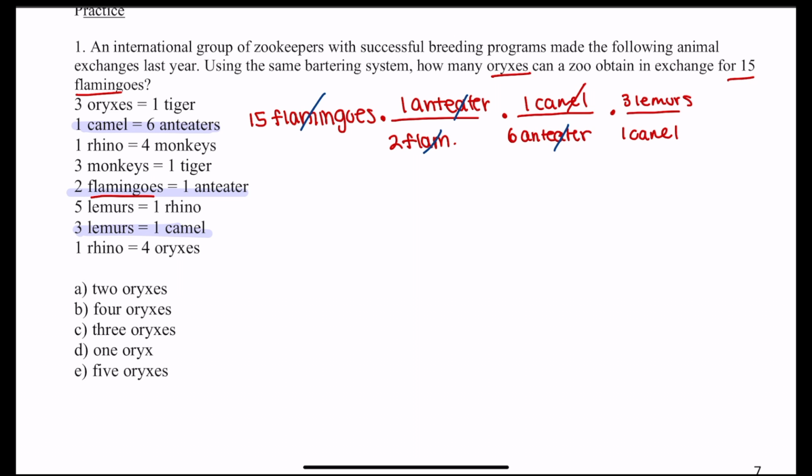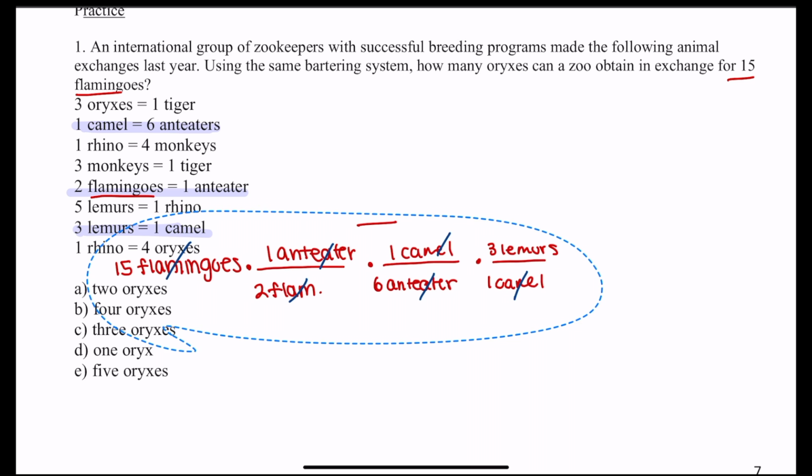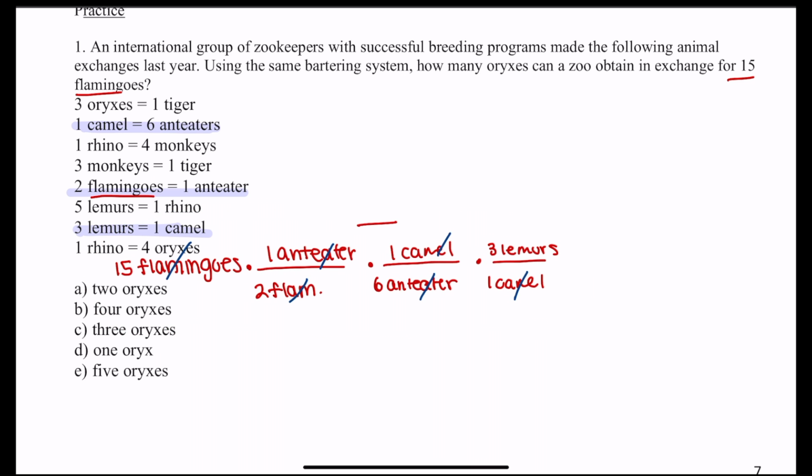Cancel the camels out, but we have lemurs, not oryxes. I don't have space, so let me put it down right here. Let's see which one has lemurs. Right here.